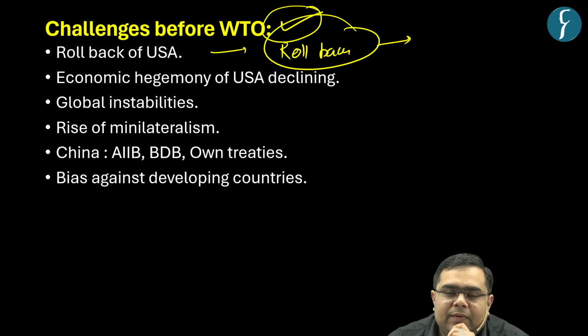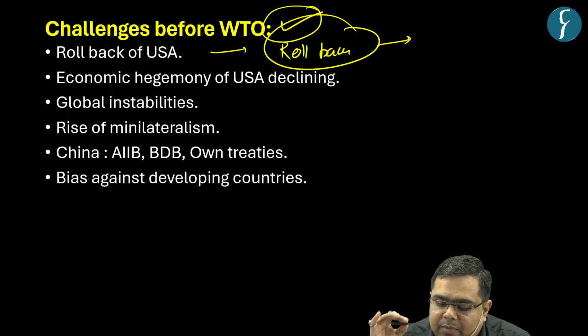So right now what we can see is that America is in a self-protection and preservation mode. That is why we saw that when Trump was president, USA used to continuously threaten that we will roll back, or we will call our representatives back from WTO. Ironically, institutions like WTO and all these global institutions are the brainchild of previous American presidents.